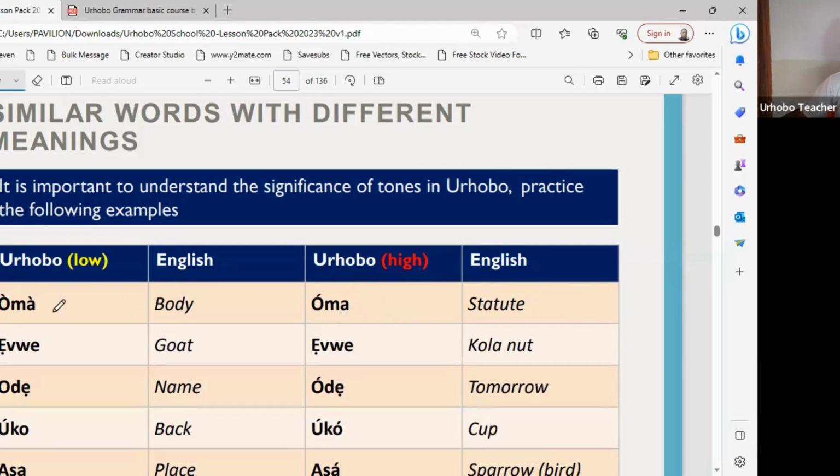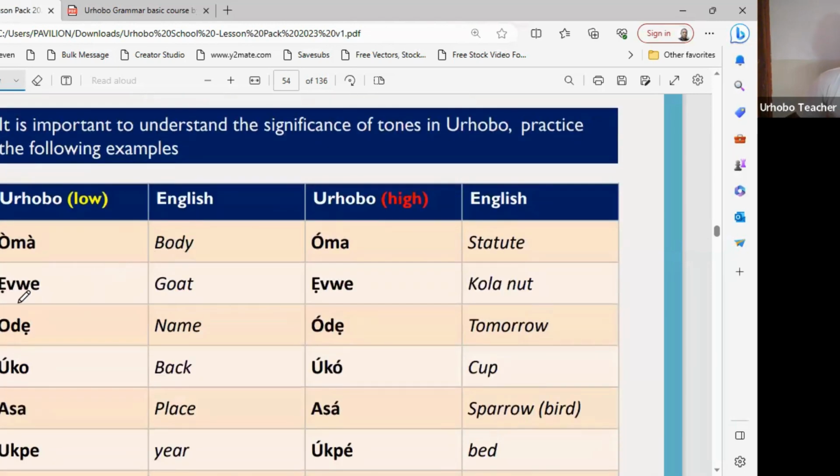Rising, falling. So one is body, this one is statues.